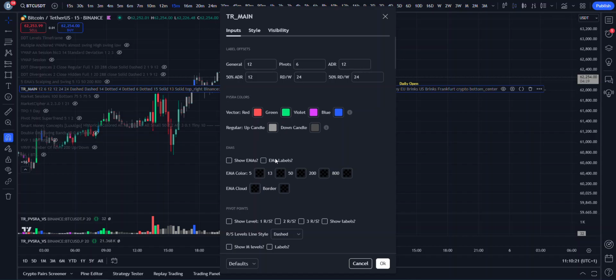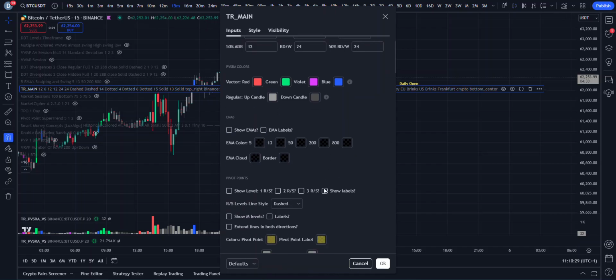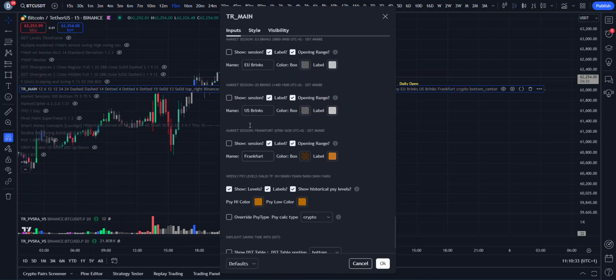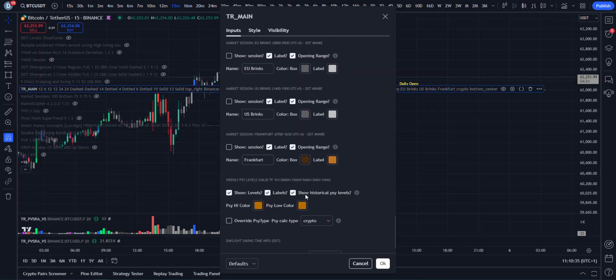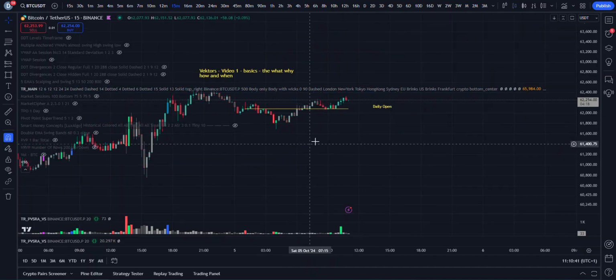With the TR Main, obviously I have my vectors. I turn off my EMAs and put their transparency down to 0. I literally turn everything off. So everything is off. I turn historical levels off, literally nothing on TR Main, bar the vector candles and the daily open, because that's something I use as well.